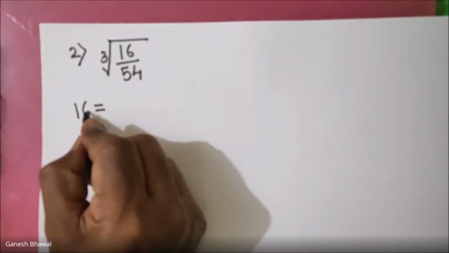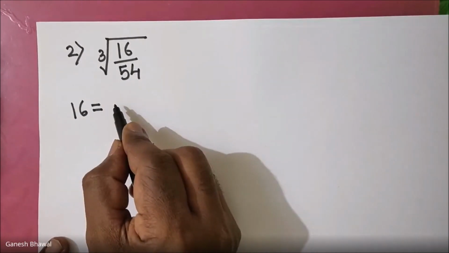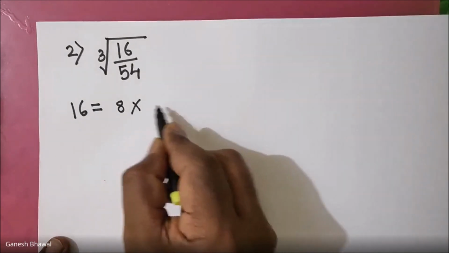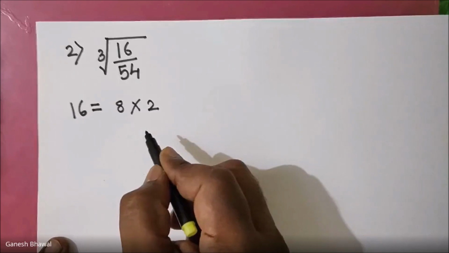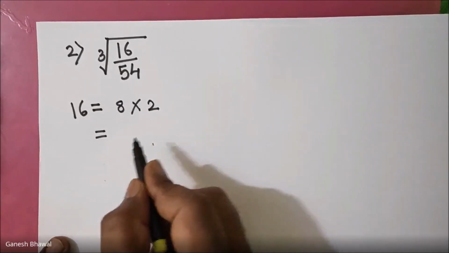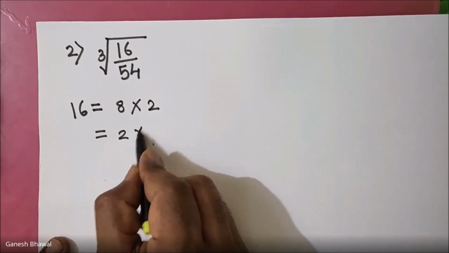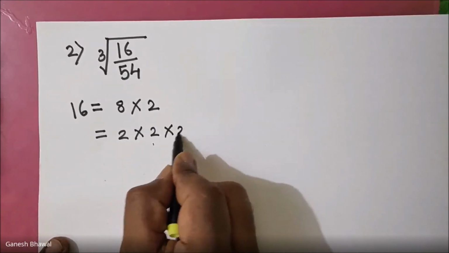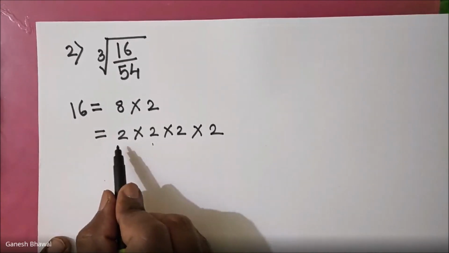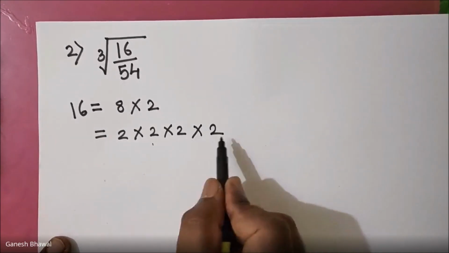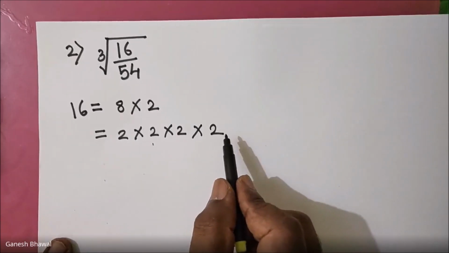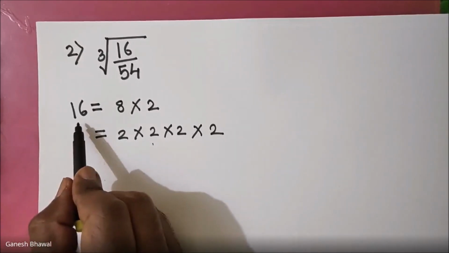Numerator is 16, so factors are 8 into 2. Factors of 8, directly I am taking 3 factors, 2 into 2 into 2, and this fourth 2. 2 2s are 4, 4 2s are 8, 8 2s are 16. So 4 times 2 are the factors of 16.